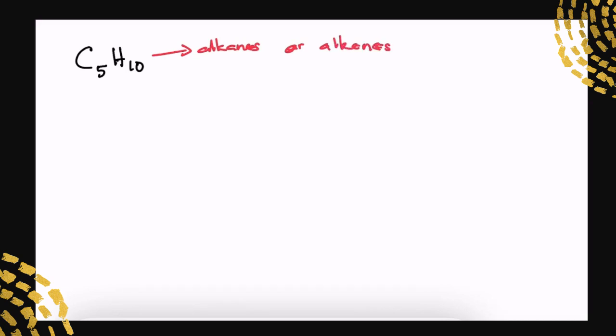Alkenes mean it contains a double bond. Alkane means it contains all single bonds. So if you have 5 carbon, the molecule can be like this, and we have hydrogen.